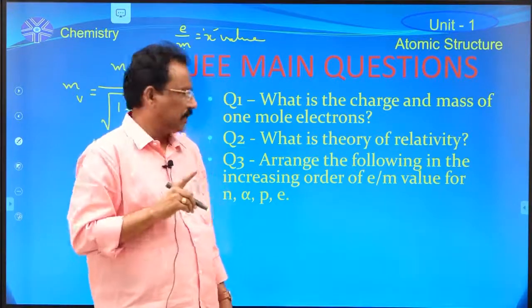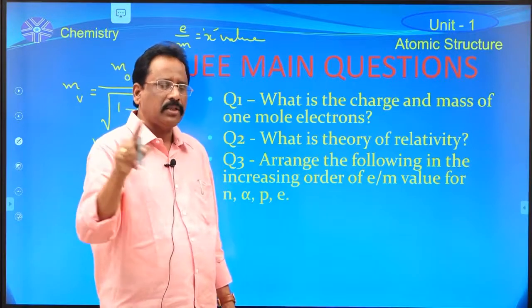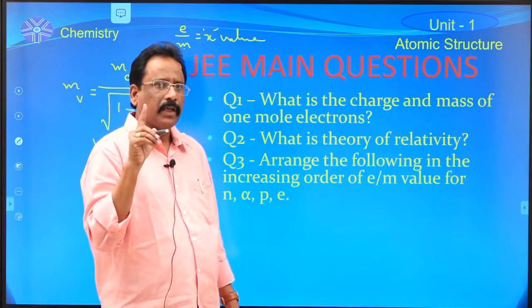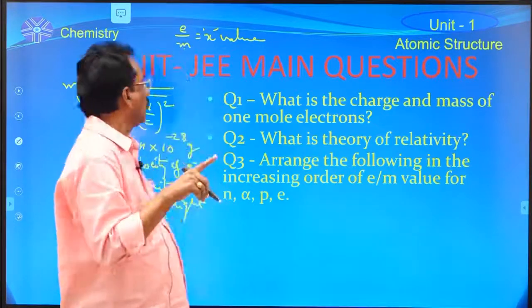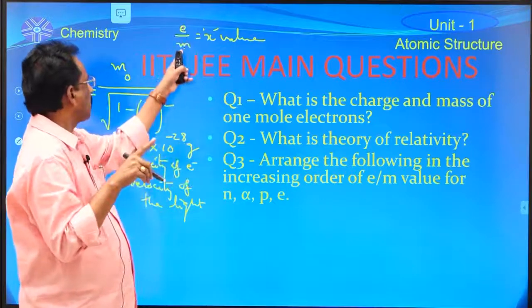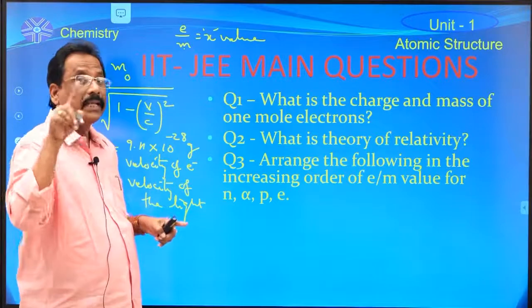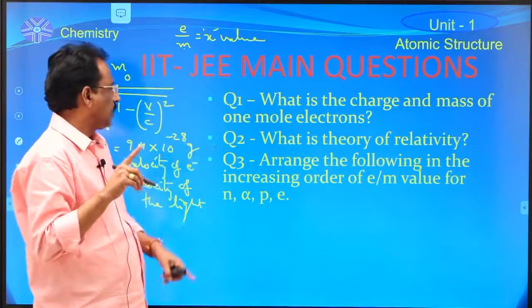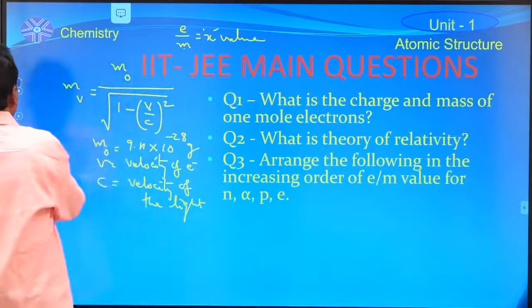So the final conclusion is, according to the theory of relativity, when the velocity of the electron increases, the mass of the electron also increases. Now in this formula, when the mass increases, the ratio between these two will decrease. So that is the concept in the theory of relativity.